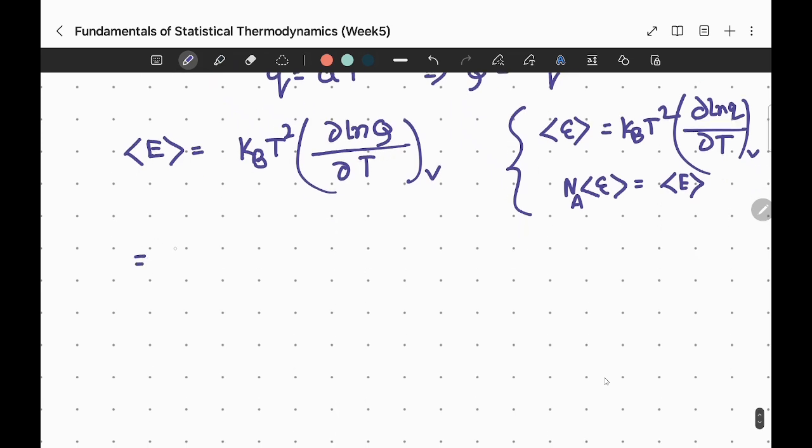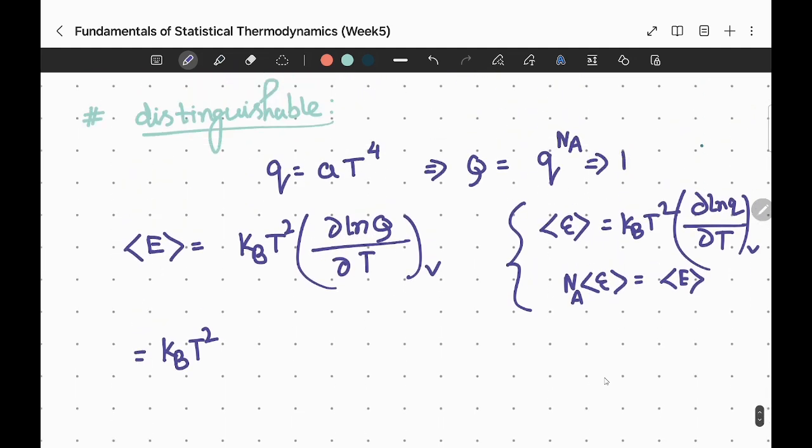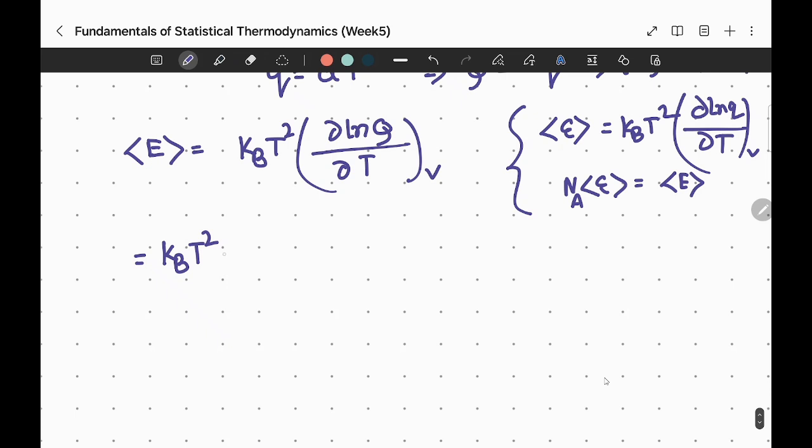So now if you put it here, it will be k_B T squared times ln Q. What will be ln Q? N_A ln of A into T to the power 4, so N_A will be there, and it will be del by del T of ln small q at constant volume.